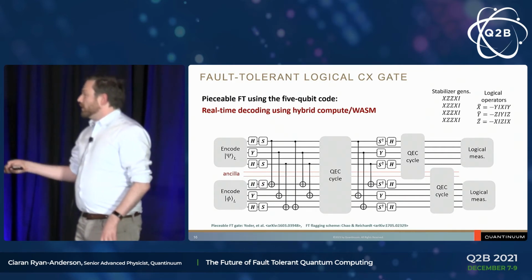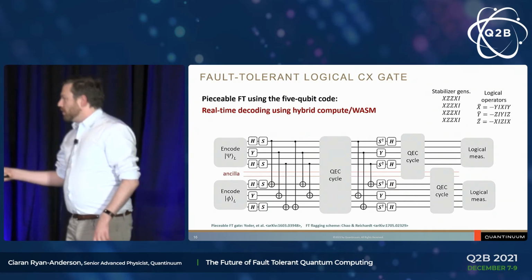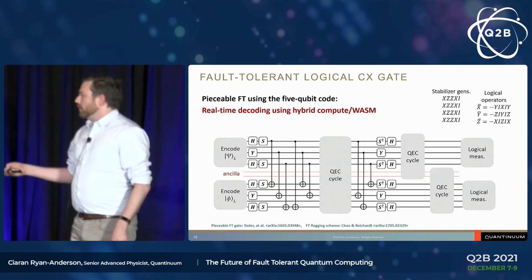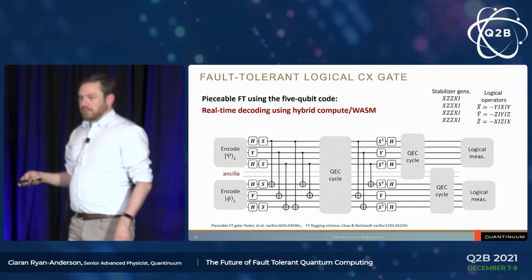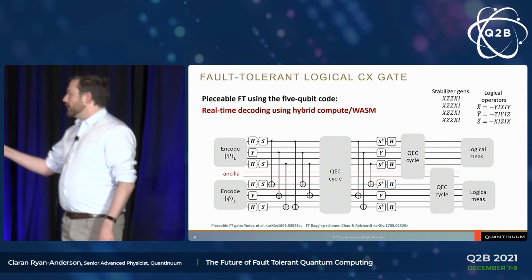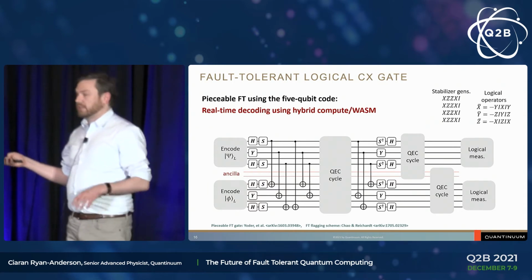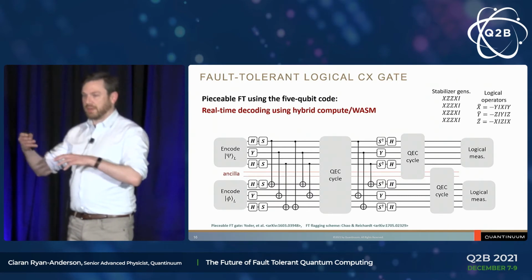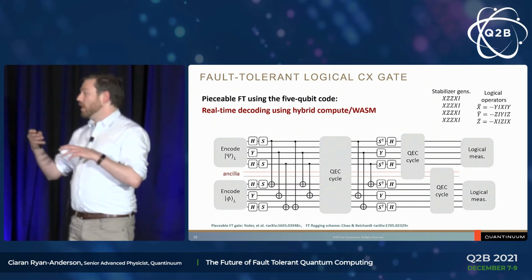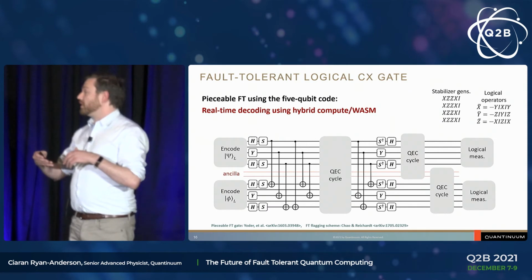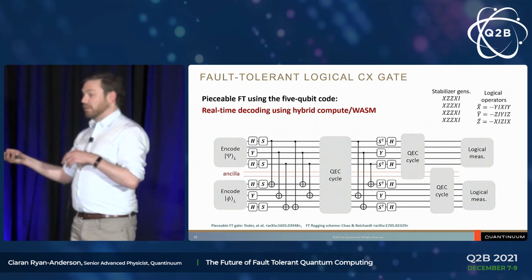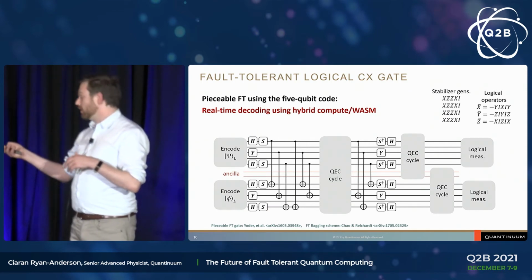And then you do the other 1/3 of the gate afterwards, and then you might do some QEC cycles following that. Now this QEC cycle in the middle, because it's measuring these operators across 2 logical qubits, has a rather large depth, especially to do it fault tolerantly.